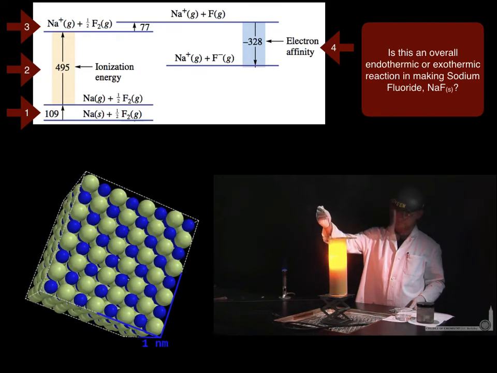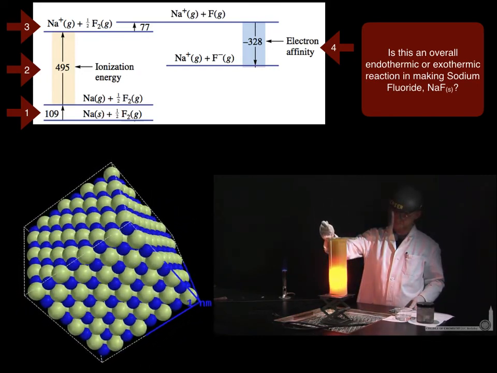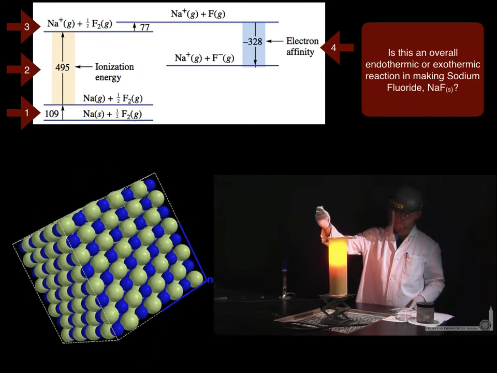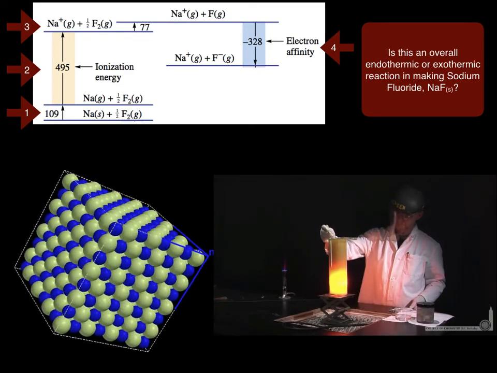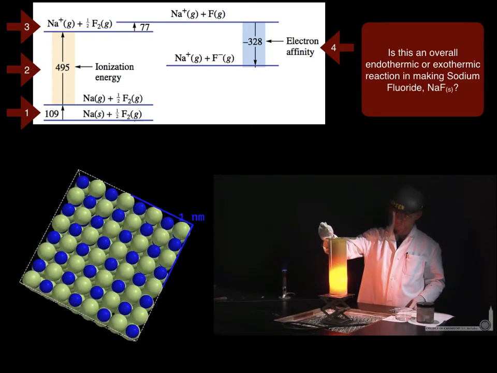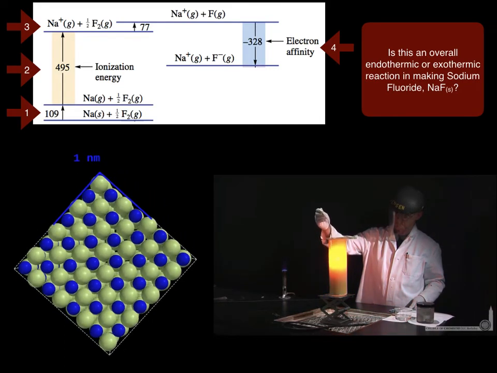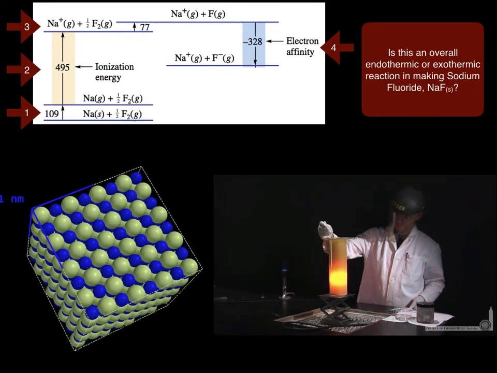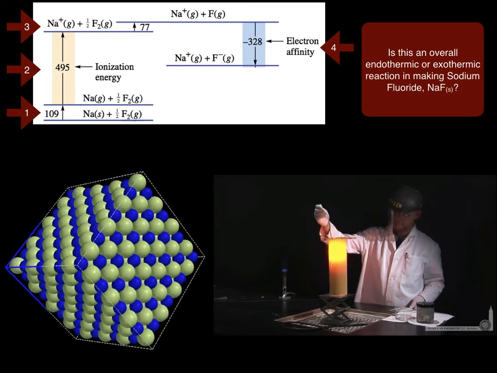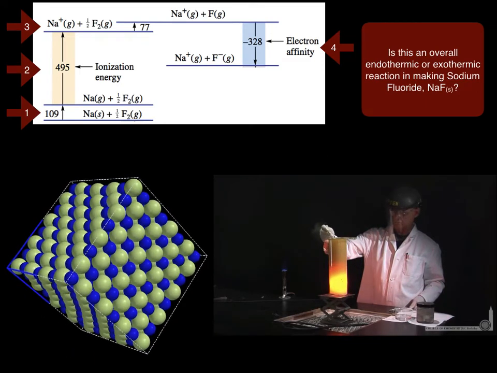However, if we stop here, all we have is still an overall endothermic process. Yet, if you look up any demo for the formation of a salt, you will always observe a fiery display of a highly exothermic reaction. So, what is missing from our calculation?